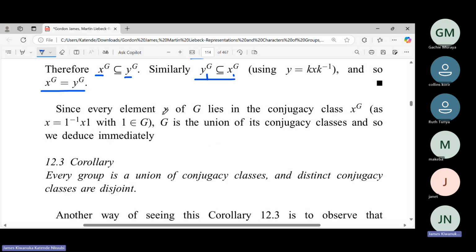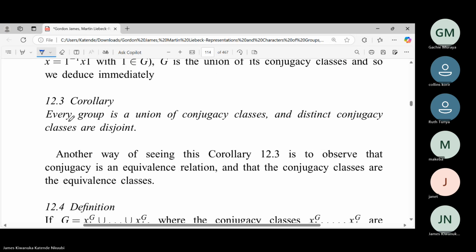Another observation we can make is that every element belongs to its own conjugacy class. So since any element you pick from the group will belong to its own conjugacy class, if you put together all the conjugacy classes, get the union of all these conjugacy classes, you will recover G, because every element will belong to some conjugacy class.